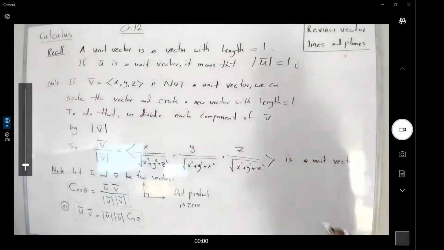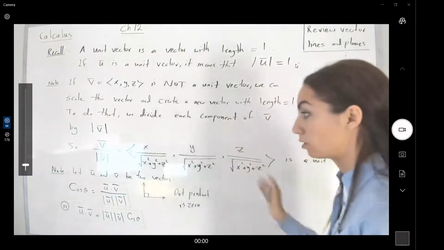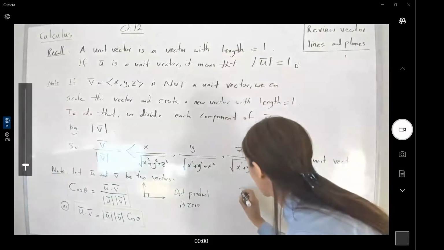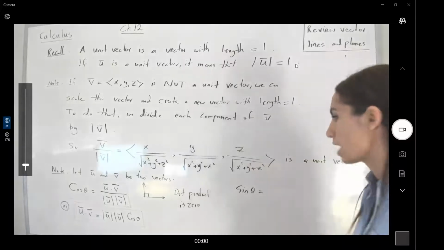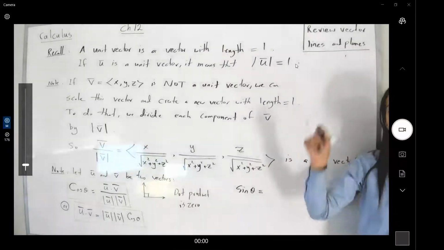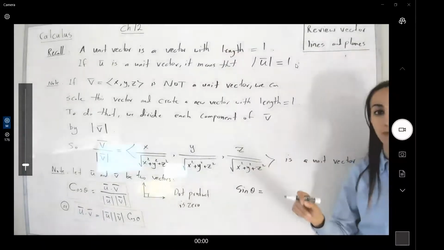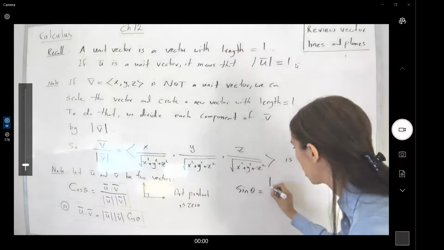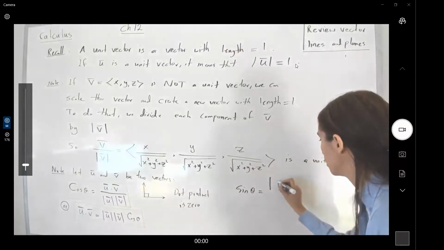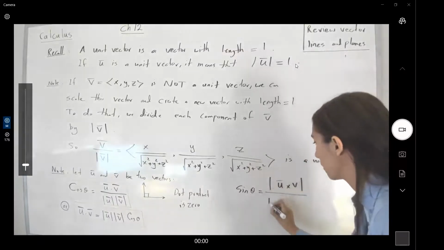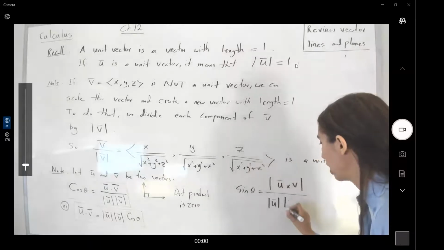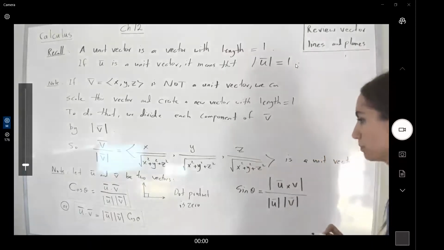So what about the sine of the angle between two vectors? The sine of the angle between two vectors has to do with the magnitude of the cross product. So we have the magnitude of the cross product between u and v divided by the magnitude of u times the magnitude of v.